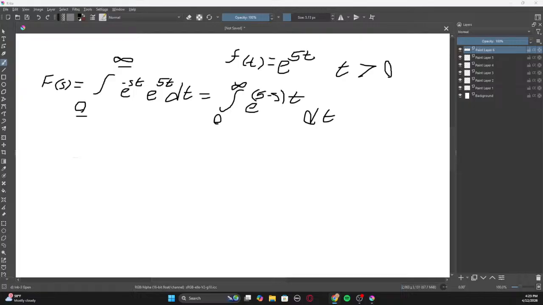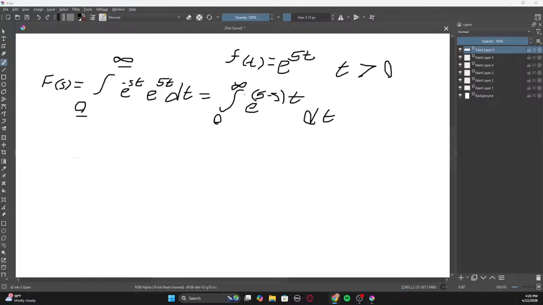So we have e raised to the 5 minus s t. And now this is technically correct. Conventionally, it might be written somewhere else, but this is fully correct. We can check. The software luckily accounts for things being equal and not things being written in a certain way. So that's very convenient.